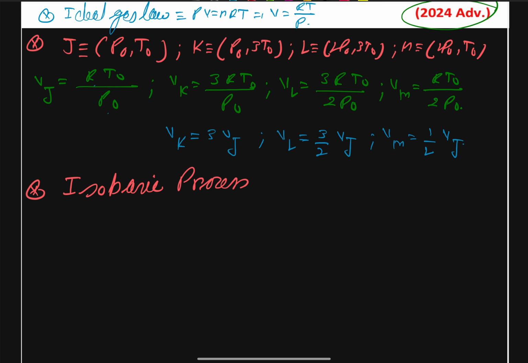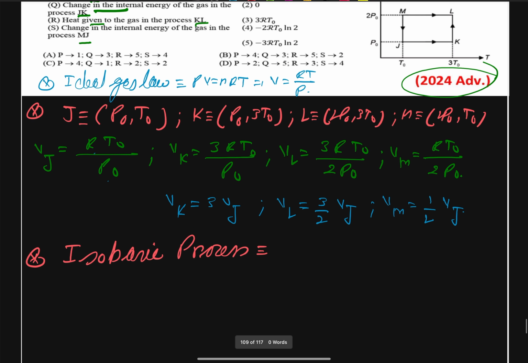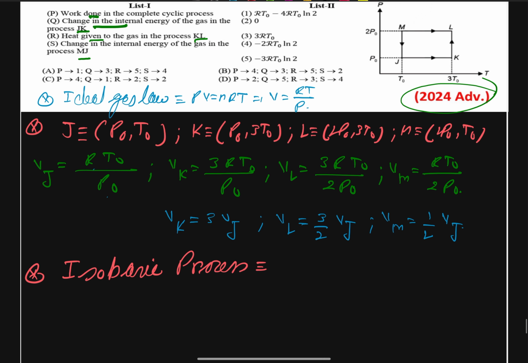The isobaric processes will be from J to K, where the pressure is P naught, which is constant, and from L to M, where the pressure is twice P naught.